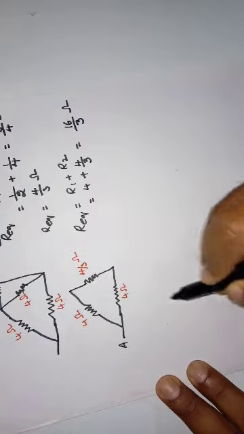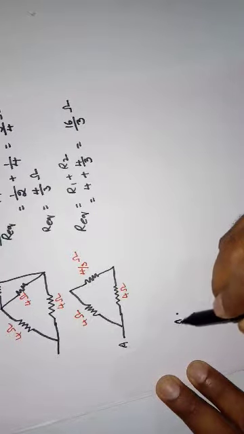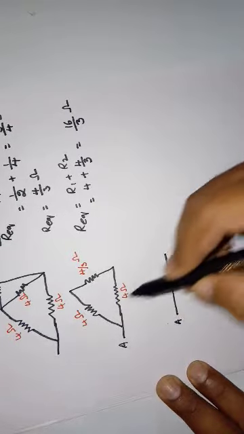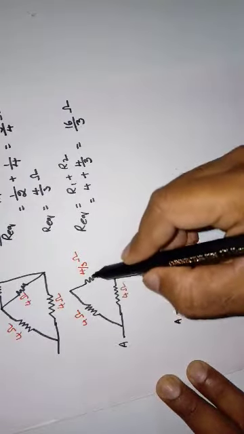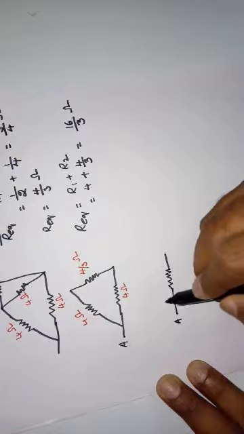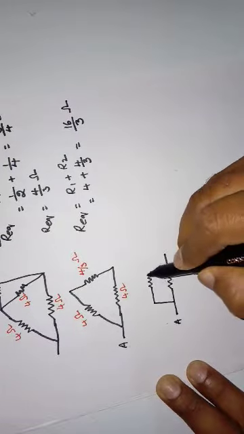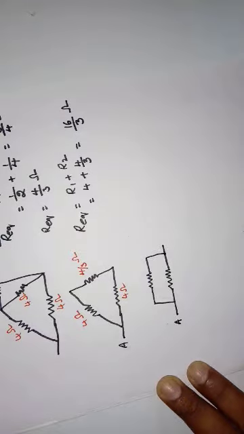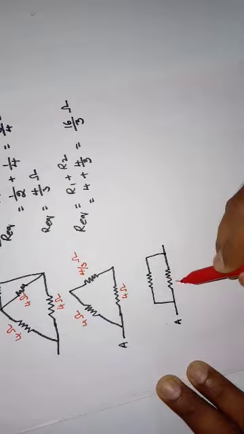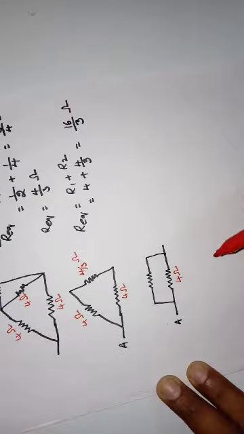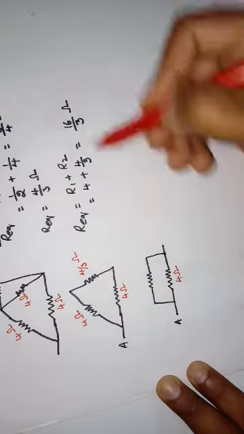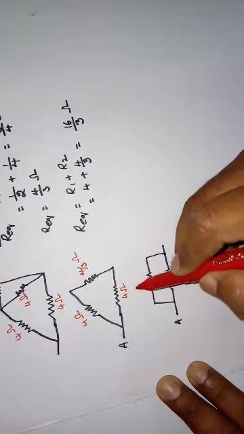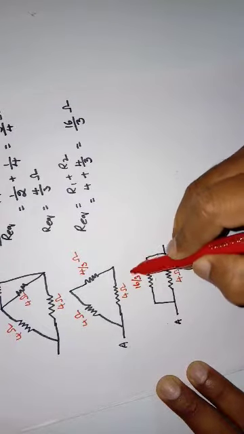See, we have the 4 ohms resistor as usual, and now this part has been simplified and will become like this. This is 4 ohms as usual, given in the circuit, and this value we calculated just before, that is 16 by 3 ohms.